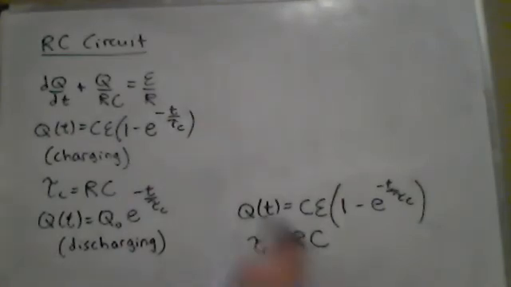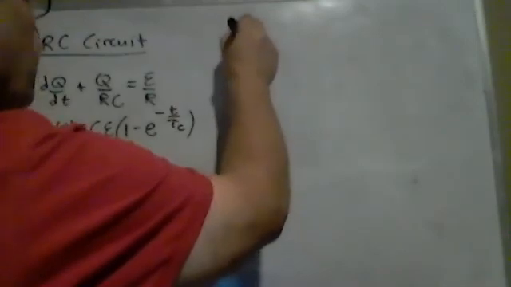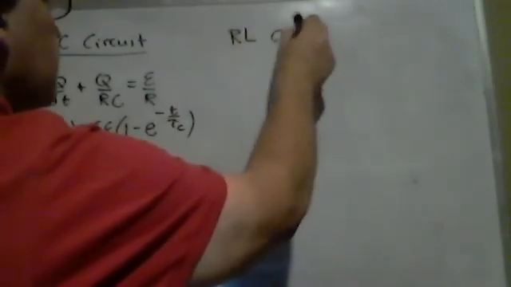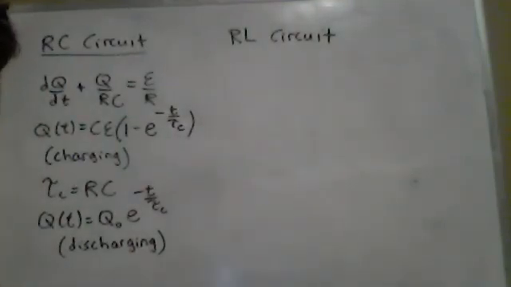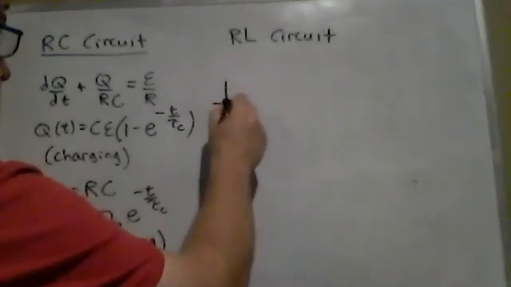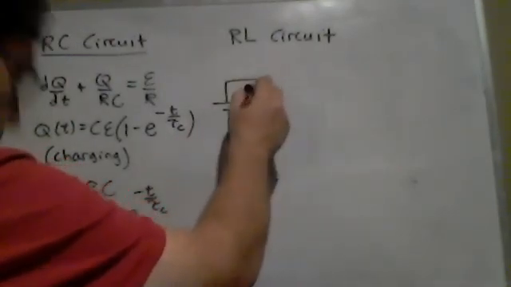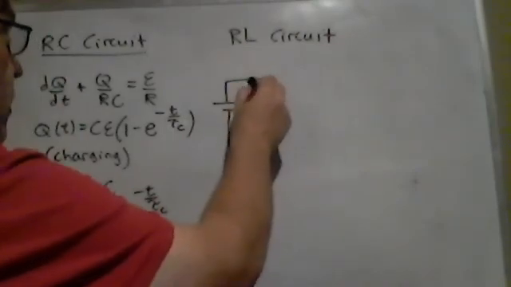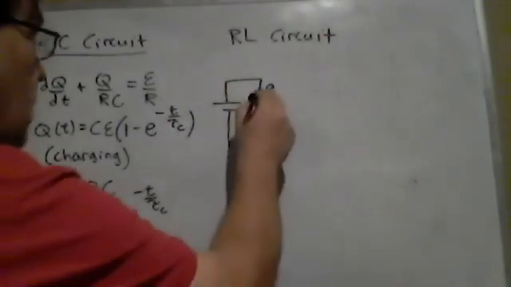Now we have a different situation. Now we have the RL circuit. What does it look like? Well, one good way of drawing it is I'll draw a battery, and I'll draw a little switch here. I'll call this A, and I'll have a switch that can go either way.